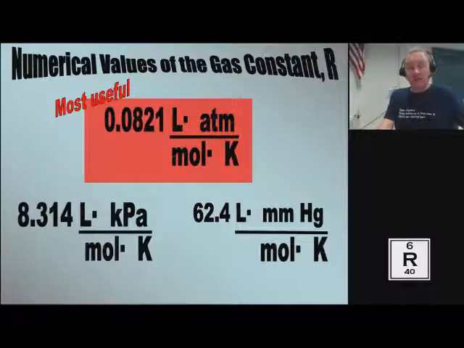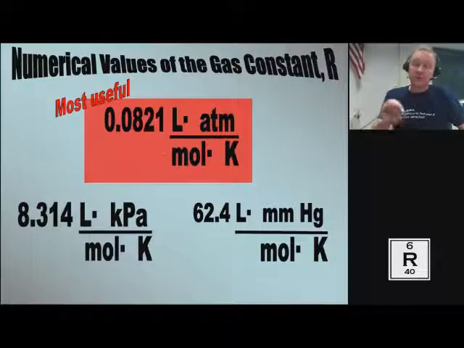The nice thing about having these three constants is that if the pressure is in something you're not comfortable with, you don't have to change it into something else. If the pressure is measured in kilopascals, you just use this constant. You don't have to turn your kilopascals into atmospheres. You may, and you'll get the same answer, but I will give you all three of these constants on a test. You don't need to memorize them.